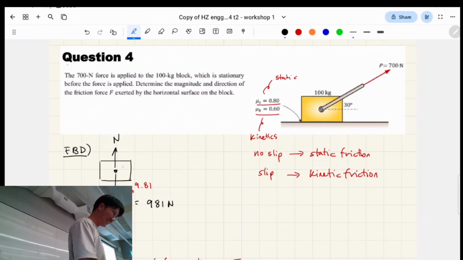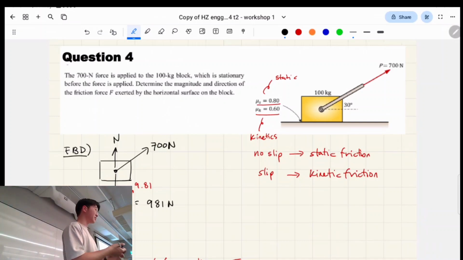Okay, basically, let's look at all the vertical forces actually, because we have a pulling force. So we have a pulling force of 700 newtons, and we also have a static friction, which acts on the surface. Okay, so now we have all the forces in place. Before I say anything wrong, we have to look at just the vertical forces in order to get the normal force in this particular case on a flat ground.